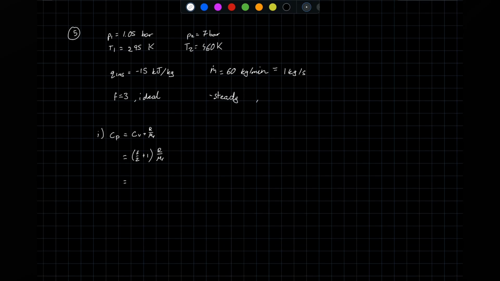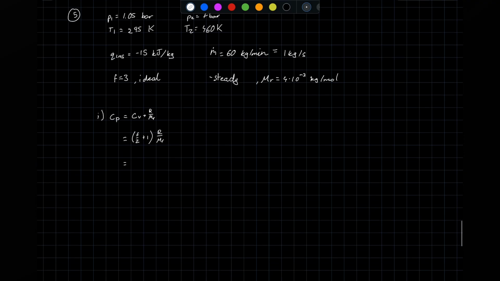I seem to not have written it down. 4 times 10 to the minus 3 kilograms per mole. Yeah. So you plug in all those numbers and you get a very nice 5,196.3 joules per kilogram Kelvin.